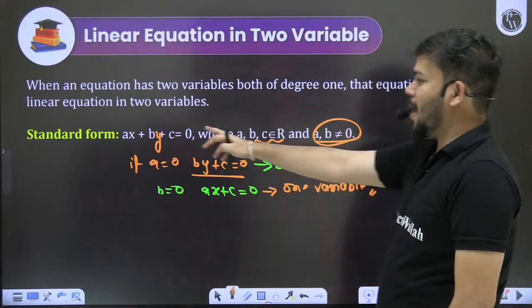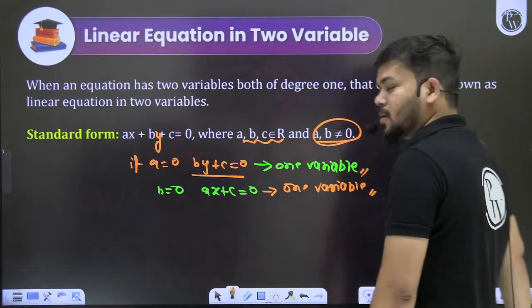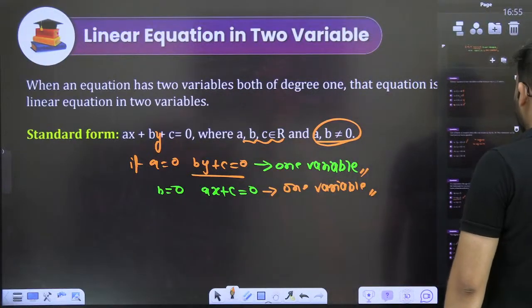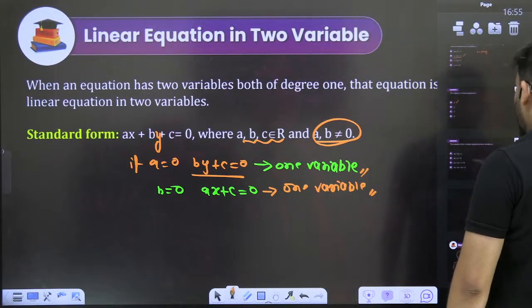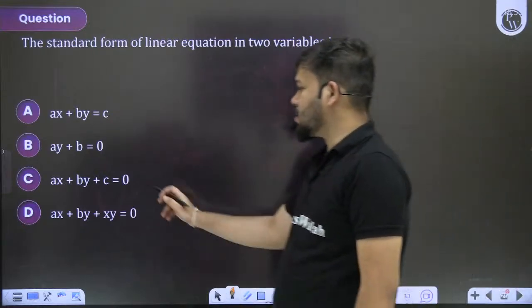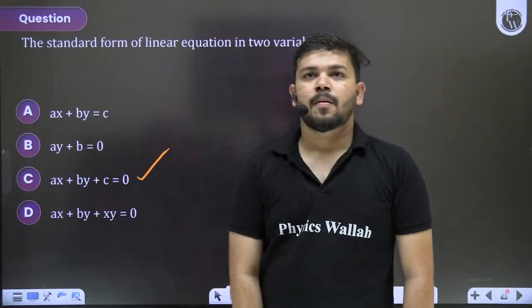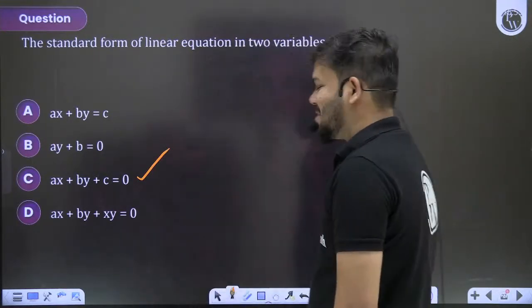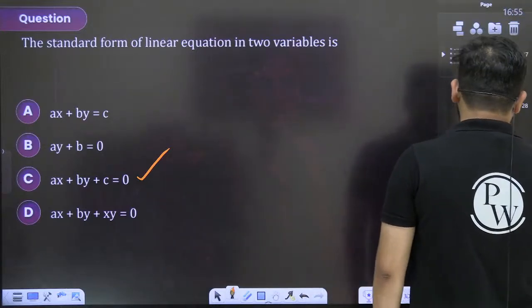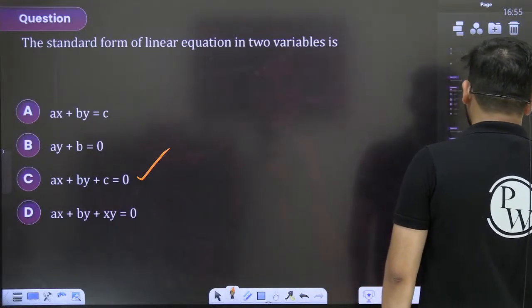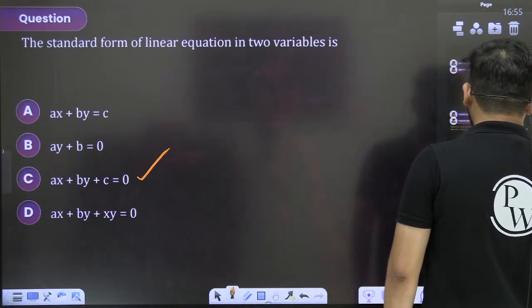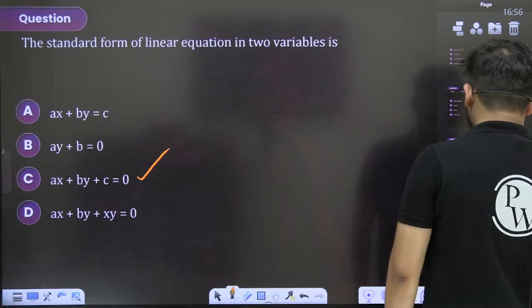So this is ax plus by plus c equals 0, right? Yes, very good. Actually both are correct, but the standard form will be taken as this. Prayukta, C. So I hope now you understood each and everything. So that's it.